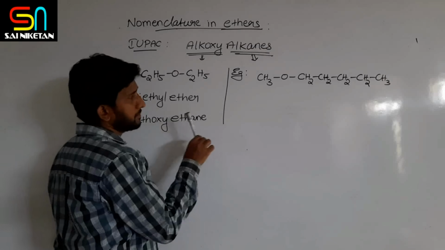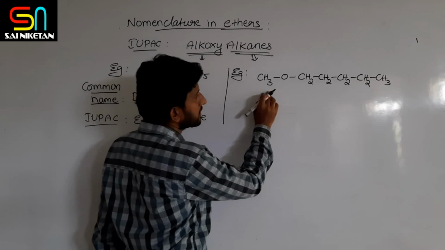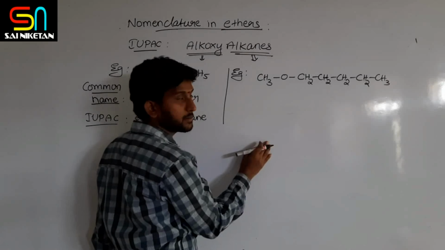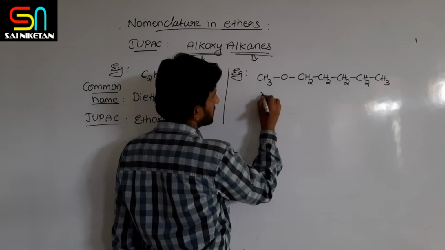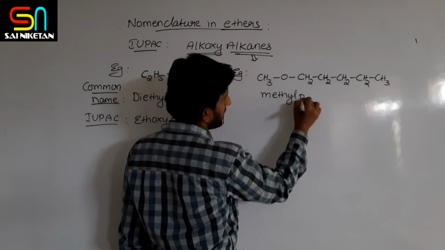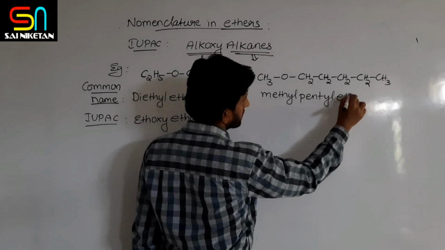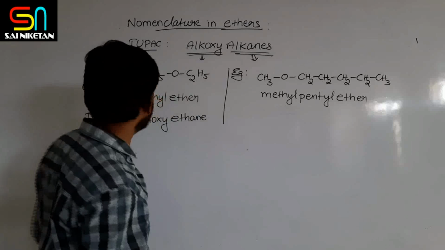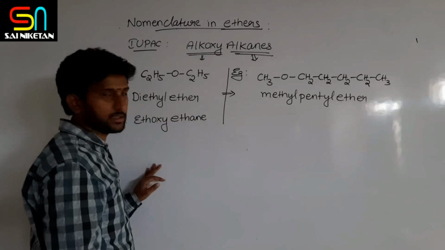So the common name should be, here one group is a methyl group, another one is 1, 2, 3, 4, 5 carbons. So it is methyl pentyl ether, right? The common name is methyl pentyl ether.